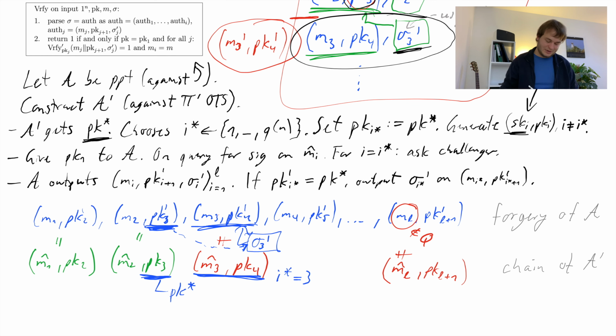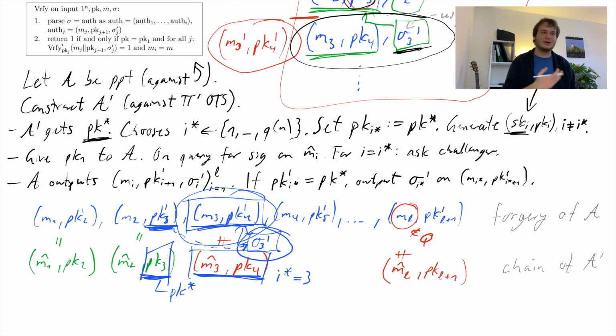And now we know that this message that we asked for is not the same message as the adversary output, because this is how we chose this position in the chain. It's the first one where this message deviates. And so if we output sigma 3 prime as a forgery on this message m3 pk4 prime, then this is a valid forgery, because it's a valid signature under pk star on a message that's different from the one that we have queried a signature for during the experiment.